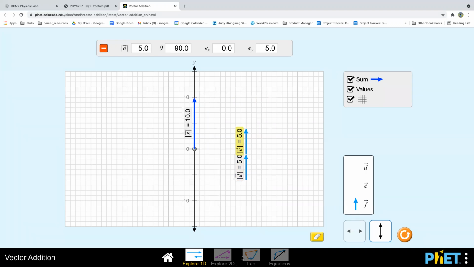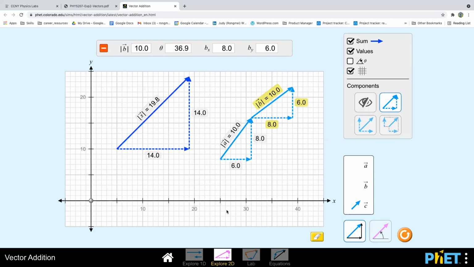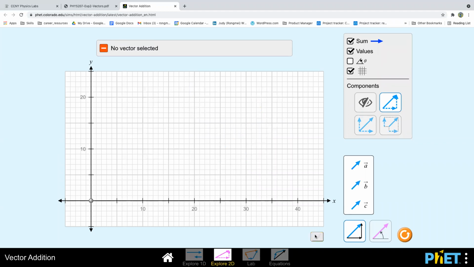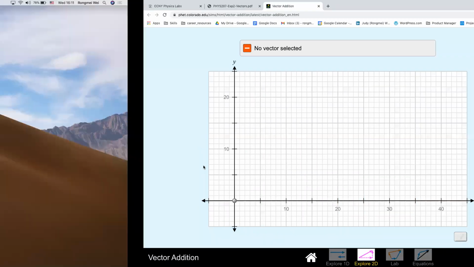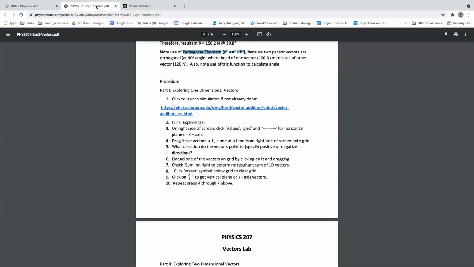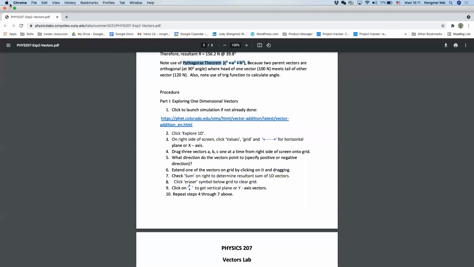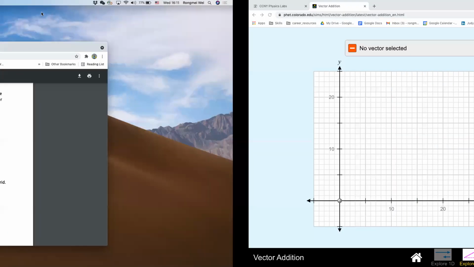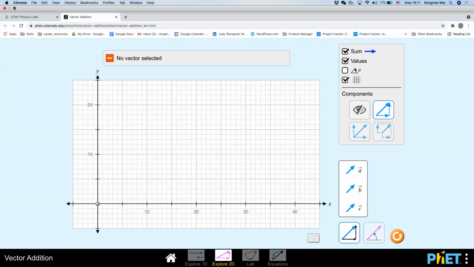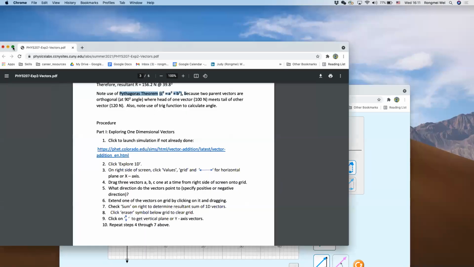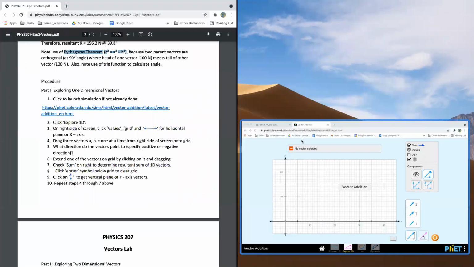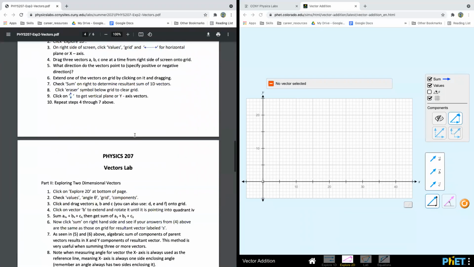So we will start our lab in the lab session here. Same as 2D. Here is the eraser; you can erase them. Okay, so now we can see two screens.